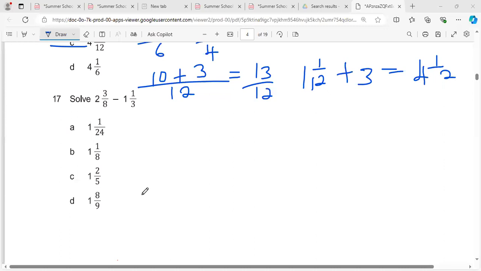So, sir, what I did, I converted the 2 and 3 over 8, and the 1 and 1/3. So I said 8 times 2 is 16, plus the 3, 19 over 8. Take away 4 over 3: 3 times 1 is 3, plus the 1, 4 over 3.